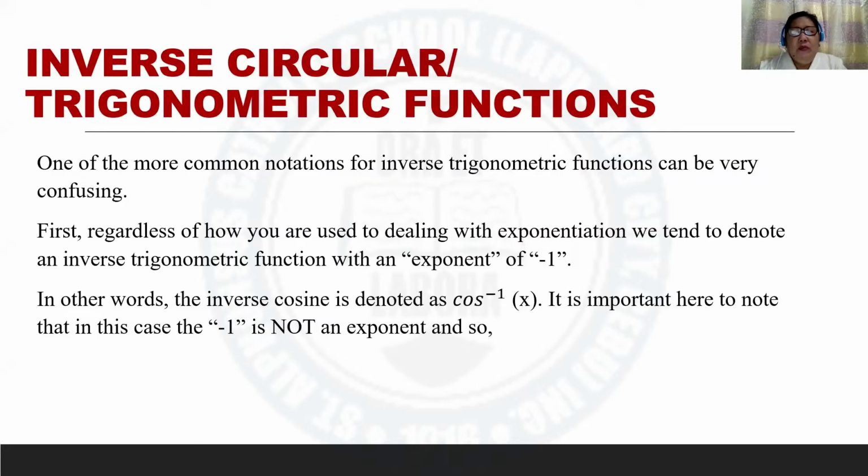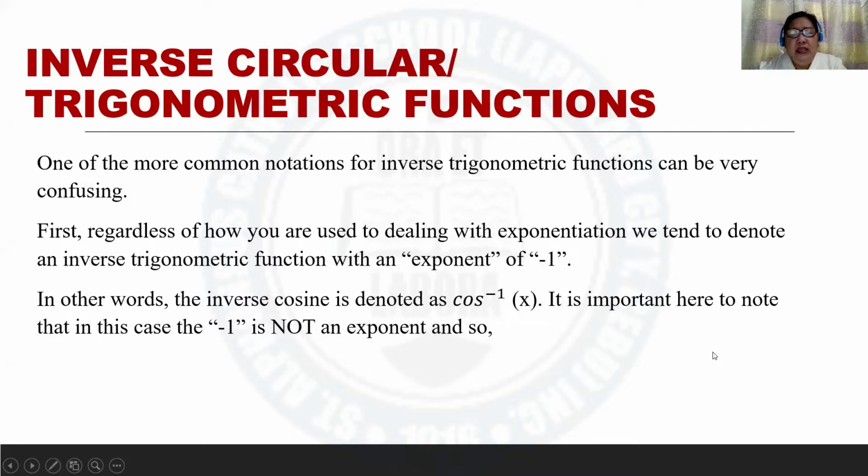One of the more common notations for inverse trigonometric functions can be very confusing. First, regardless of how you are used to dealing with exponentiation, we tend to denote an inverse trigonometric function with an exponent of -1. In other words, the inverse cosine is denoted as cosine to the negative 1 of x.